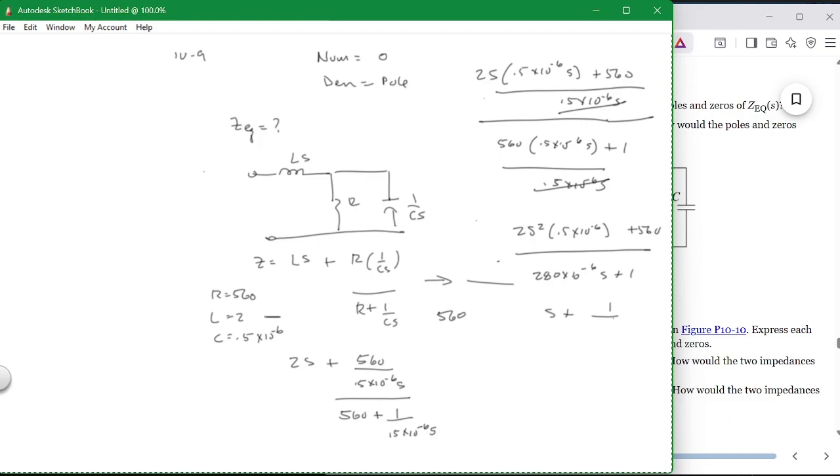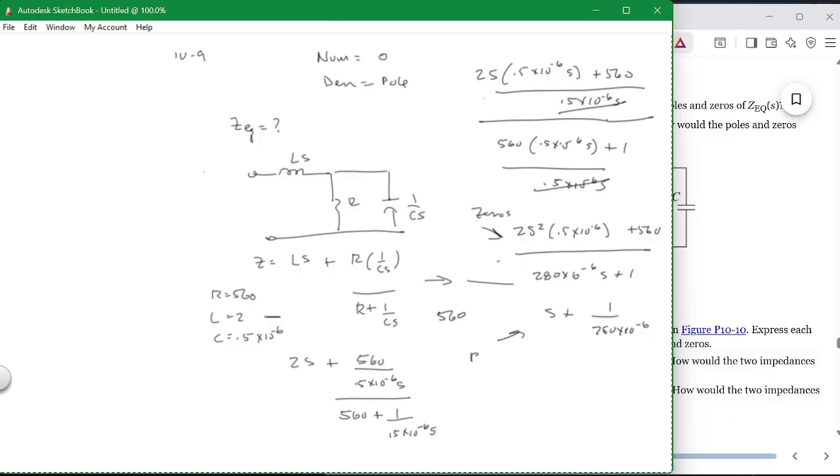It'd be 1 over 280 times 10 to the minus 6, or 1 divided by 280 times 10 to the 6th. That's my one pole. And my zeros would be this, and there would be 2 of them, and they would be imaginary numbers. These would be my zeros.